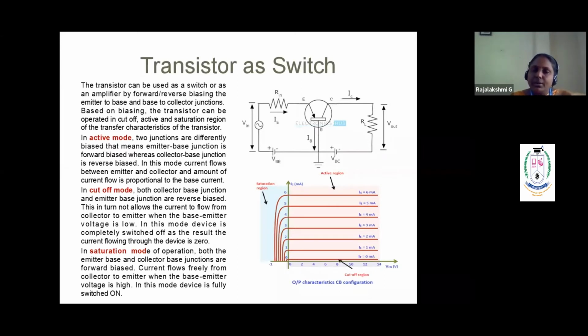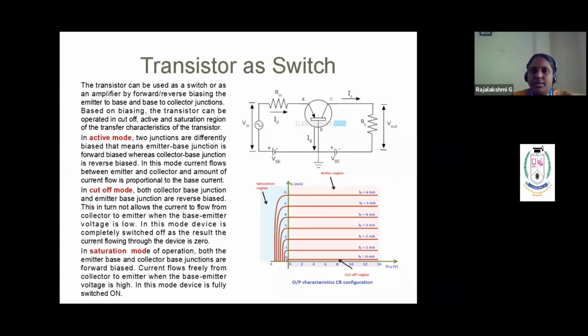When you see the cutoff region, both the junctions will be reverse biased. If the input port is also reverse biased and the output is also reverse biased, there is no chance of getting the output. That's why, when you see here, IE is equal to 0 milliamps, no input current. If there is no input current, the transistor is operating with both sides reverse biased.